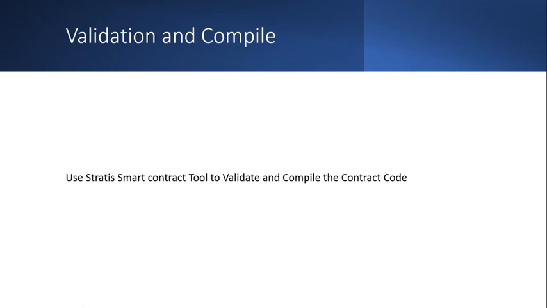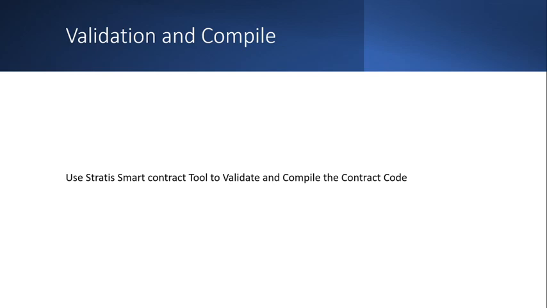Once we complete our smart contract program, then our code is ready and we need to validate the contract code for the format and determinism. Once it is validated, then we can compile the contract code using the smart contract tool.